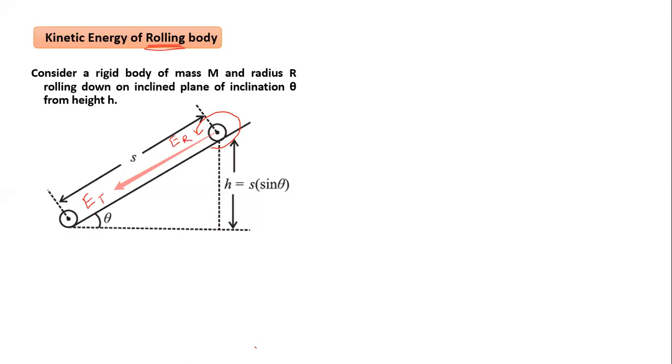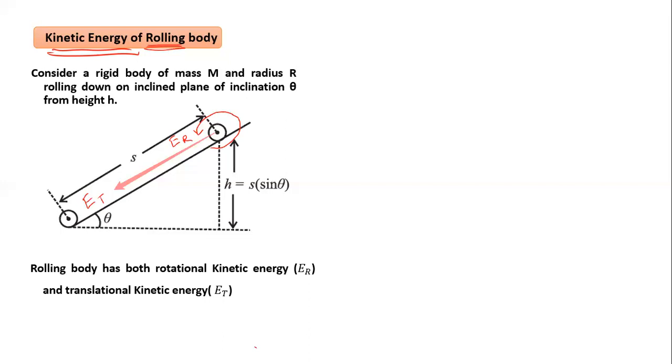So this body has two kinetic energies: the first is translational and the second is rotational. So the kinetic energy of a rolling body is the addition of these two kinetic energies. We write this equation: E is equal to E_T plus E_R. E_T means translational kinetic energy, E_R means rotational kinetic energy.